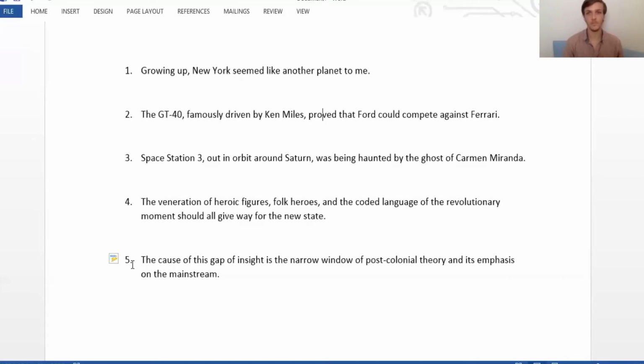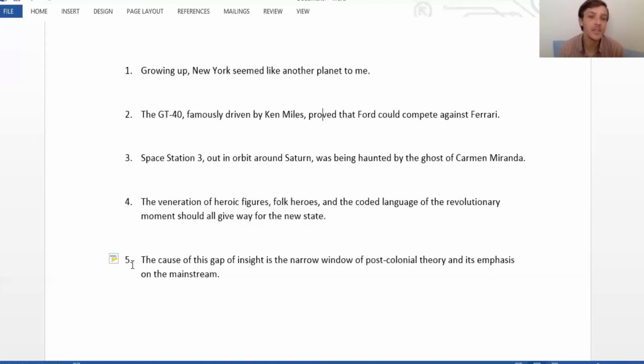But in sentence 3, it's a little bit different. So let's do sentence 3. "Space Station 3, out in orbit around Saturn, was being haunted by the ghost of Carmen Miranda." All right, you want me to take a stab at this? Yeah, go for it.